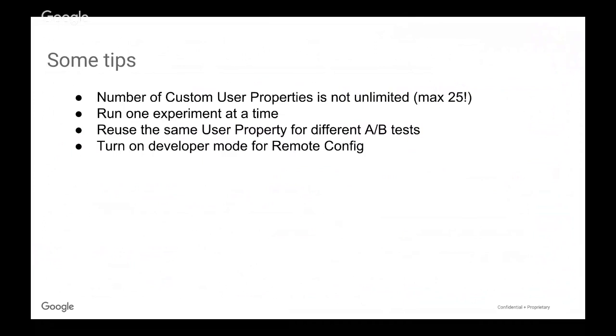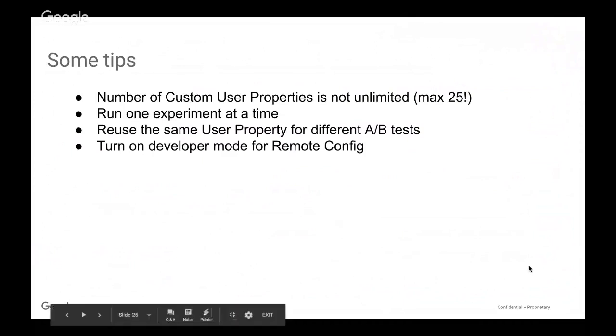When you develop your app and you test, you don't want that behavior. You don't want caching. You just want to see whatever you change on the server side immediately reflected in the client side. So turning on remote config developer mode will allow you to do that easily.